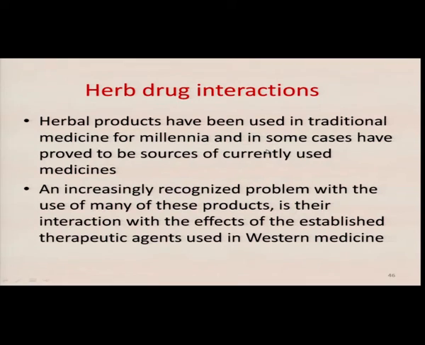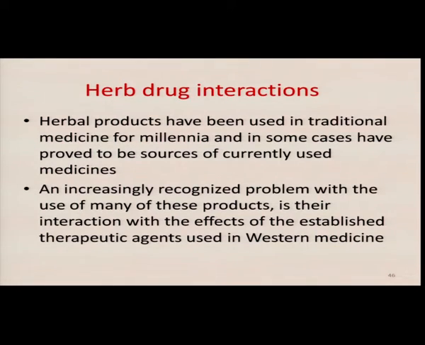So, the next topic which we are going to discuss is herb-drug interactions. Herbal drugs, as you know, have been a part of what we call traditional medicine, or even alternative therapy. We have Siddha, we have Ayurveda, we have the Chinese traditional medicines.